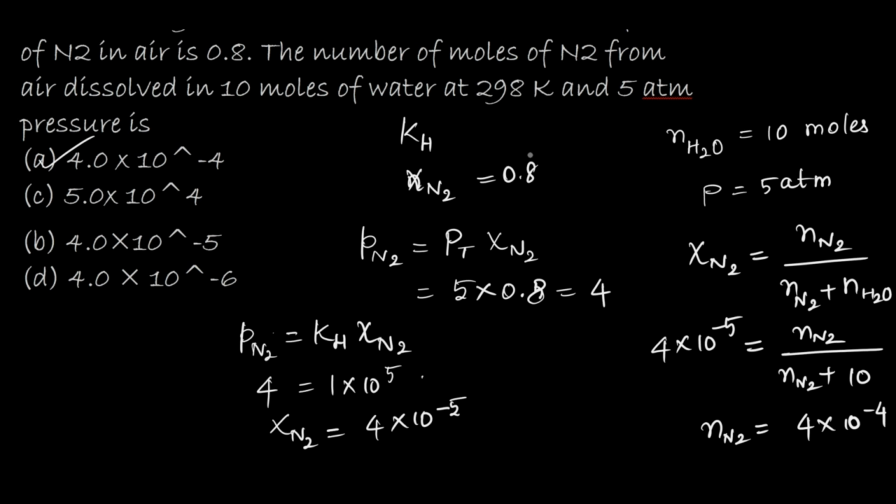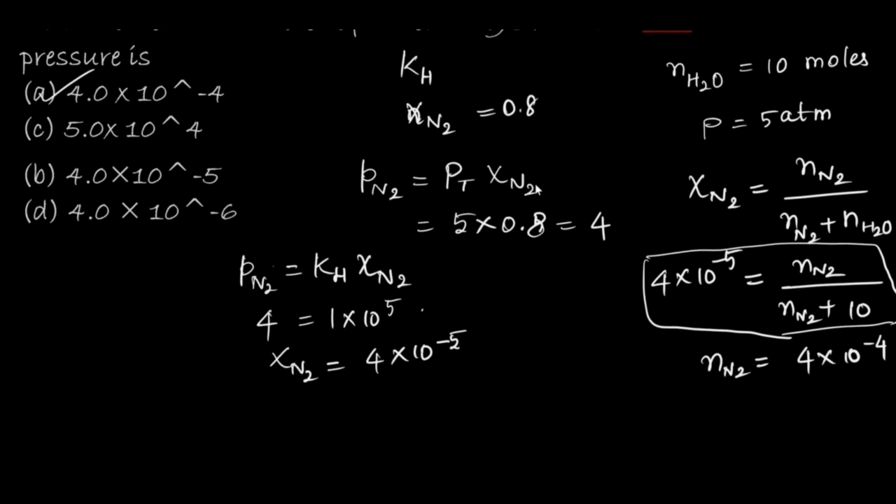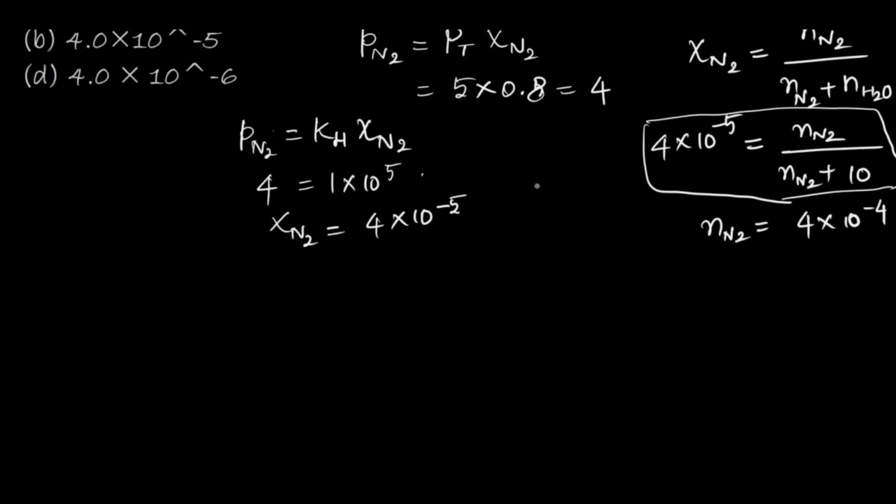So if you guys are stuck with this part, how to solve this, do we have to go with the quadratic equation? No. How you can solve this part is just multiply both sides by the denominator, so that the denominator will get cancelled.